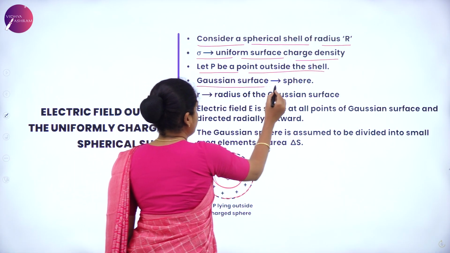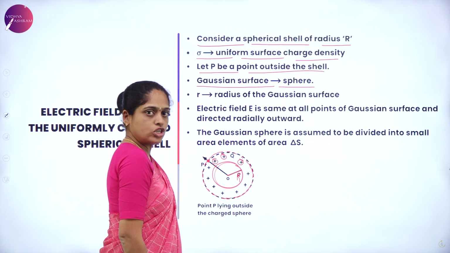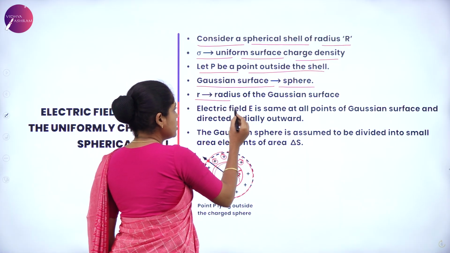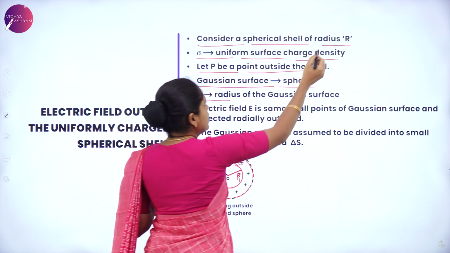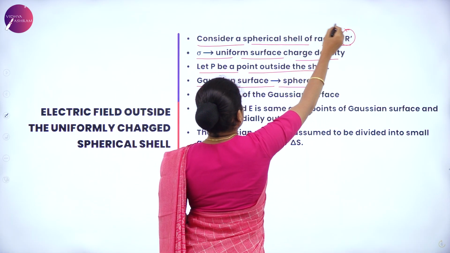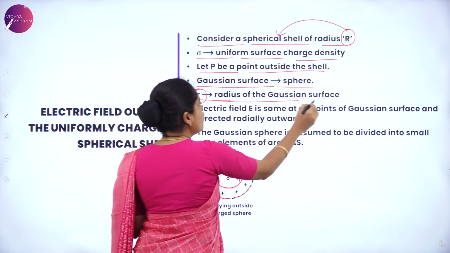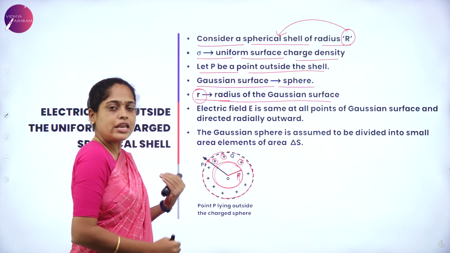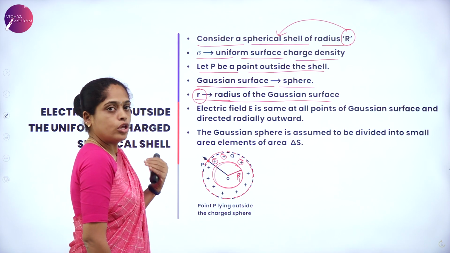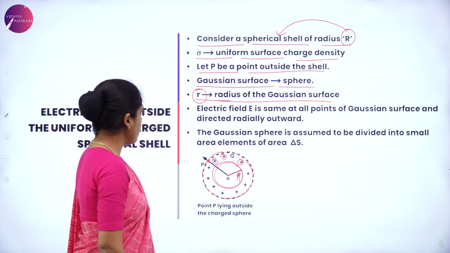The Gaussian surface is a sphere whose radius is small r. Capital R is the radius of the spherical shell and small r is the radius of the Gaussian surface, which is an imaginary surface used to apply Gauss law.